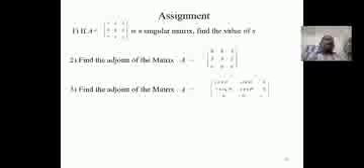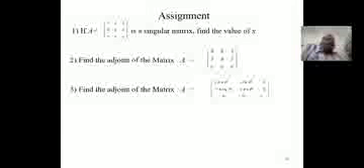Next, find the adjoint of the matrix A equal to cos theta, sin theta, 0; minus sin theta, cos theta, 0; 0, 0, 1. In this case, if you observe, the cofactor of cos theta is cos theta. Next, the cofactor of sin theta is minus sin theta, so it is plus sin theta. The cofactor of 0 is AD minus BC, cos square plus sin square, that is 1.